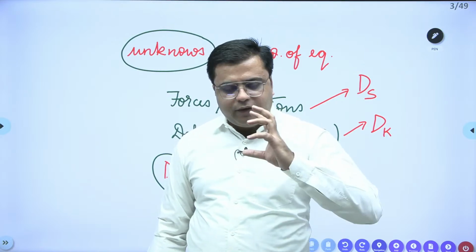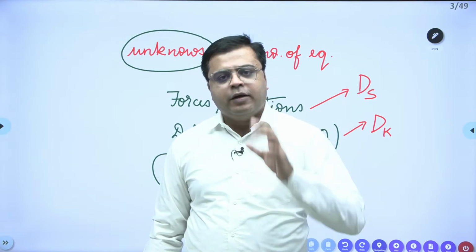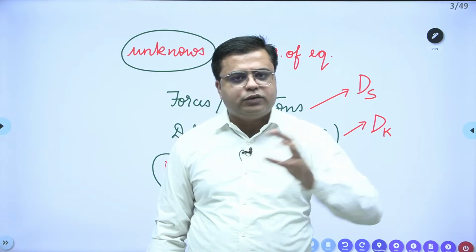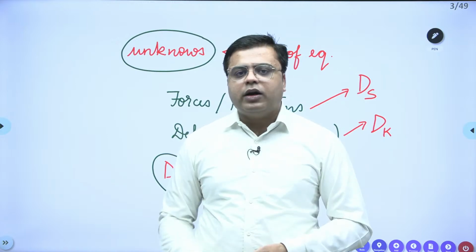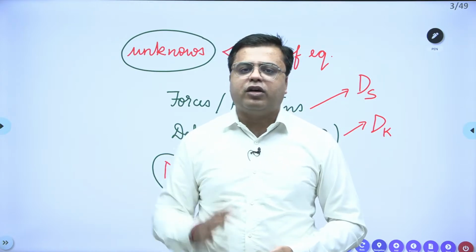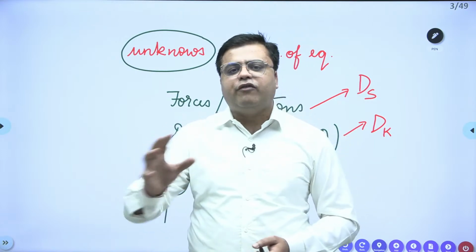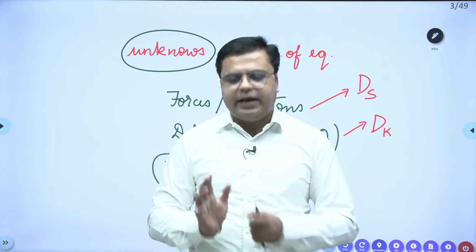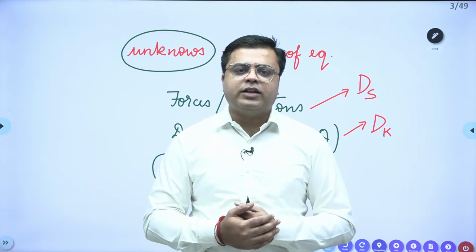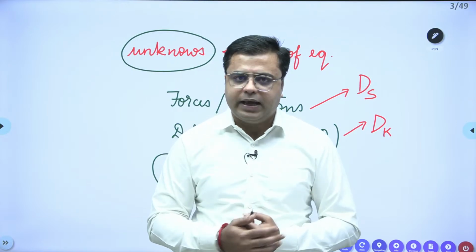Obviously, if we have fewer unknown forces, we will go with the method through which we can determine the forces. Or if we have fewer unknown deformations, we can choose the method through which these deformations can be determined, and using these deformations, the remaining forces can be analyzed, right?